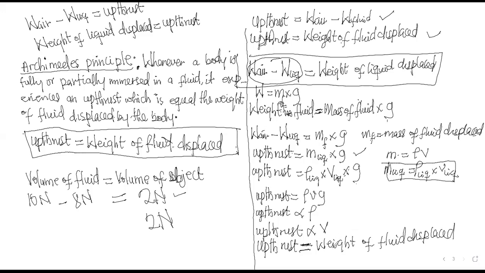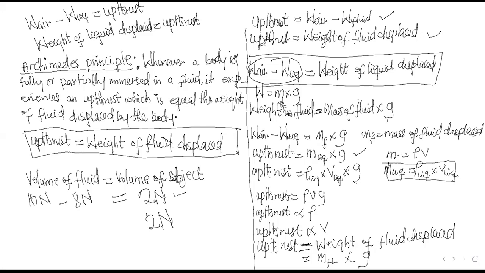So if we have weight of fluid displaced, then it can also be mass of fluid displaced times gravity. So that's how we change weight to mass of fluid displaced times gravity. So upthrust is also mass of fluid displaced times gravity.